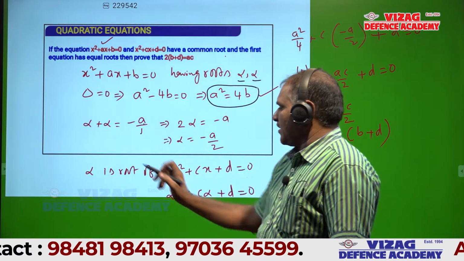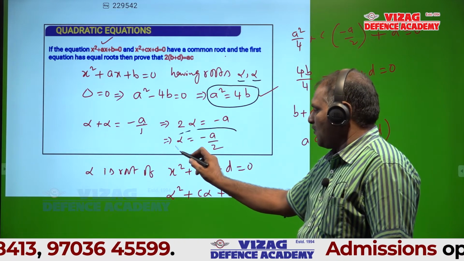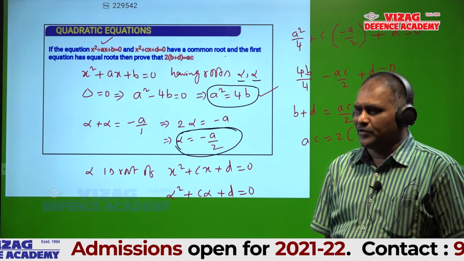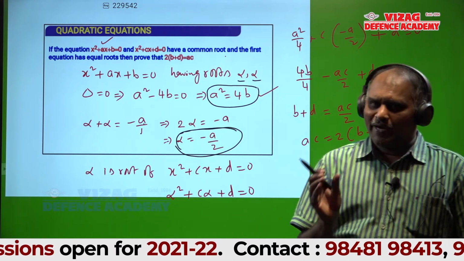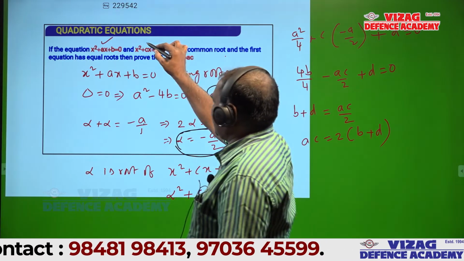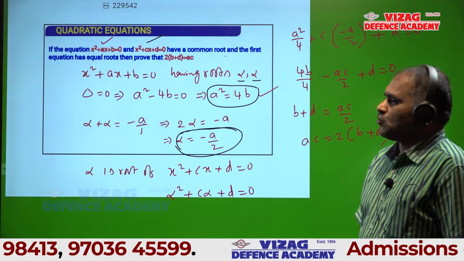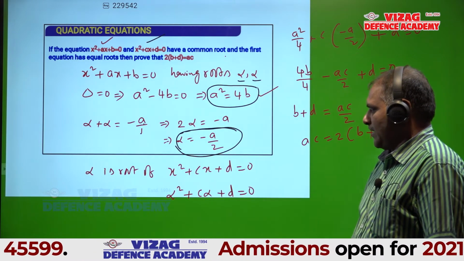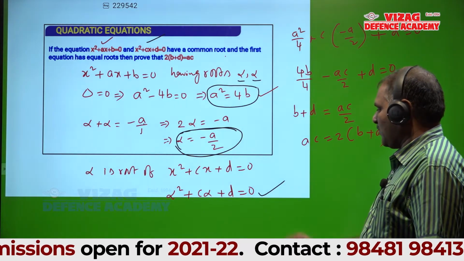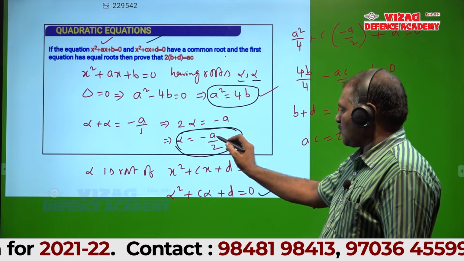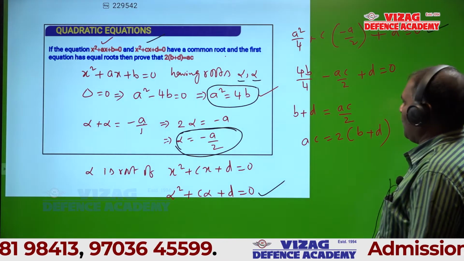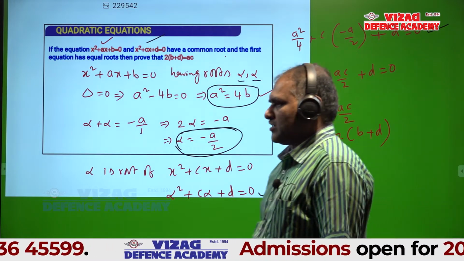Using that I get the alpha value: minus a by 2. But alpha is also a root of the second equation. Put x in place of alpha and I get this equation. Alpha is equal to minus a by 2, so you can substitute that in the equation. Do you understand?